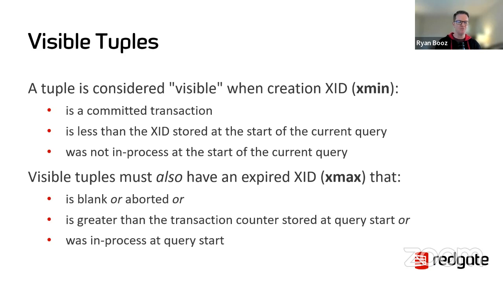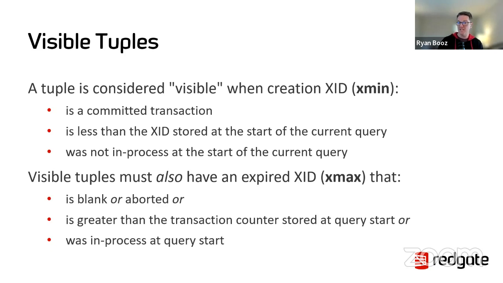So maybe the row has an initial ID, but it's not committed yet, right? So there is another process running that's doing something. So xmin has to be committed, and it has to be less than my current snapshot. If there is an xmax in there, then that row would be visible for my specific command if it's blank or aborted.